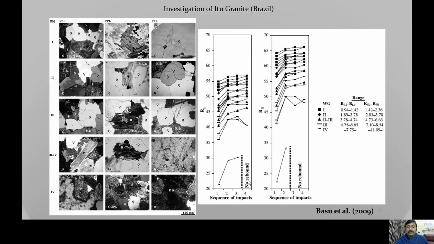As you can see, when it comes to grade 4, of course, no rebound value was obtained because the material was so soft that we could not get the subsequent rebound value. The first rebound value could be obtained, which is shown here in the table also, but the second rebound value could not be obtained as the material fails by that time.